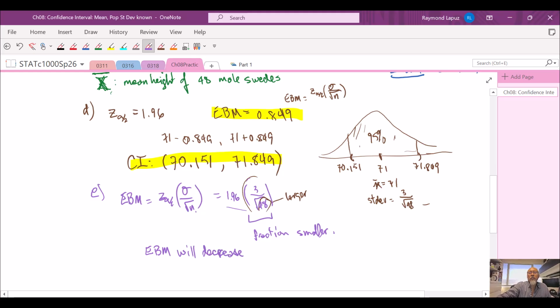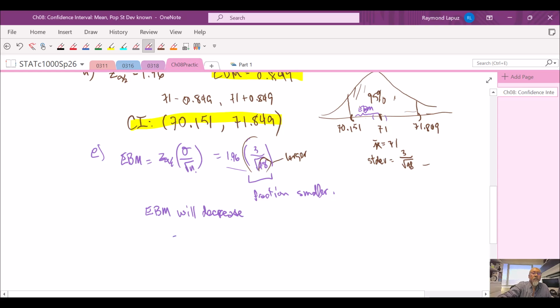And if the EBM decreases, remember EBM is this distance over here, then you'll have a smaller interval. So it'll be closer to 71.